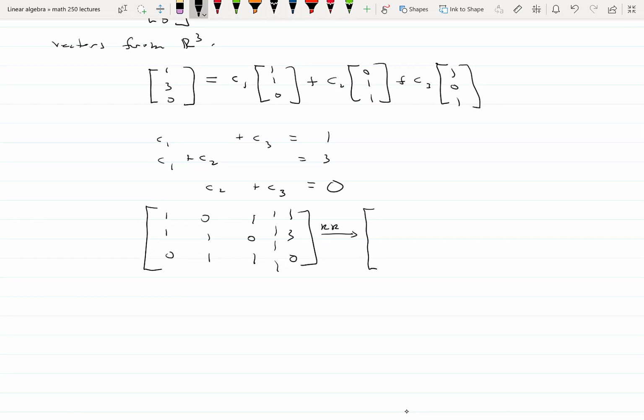If you find the RREF, you end up with the identity matrix and the column 2, 1, negative 1.